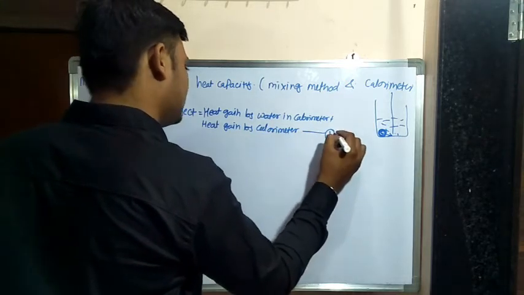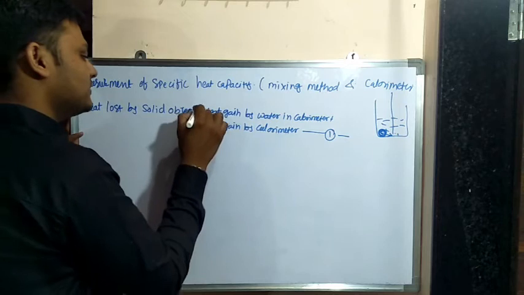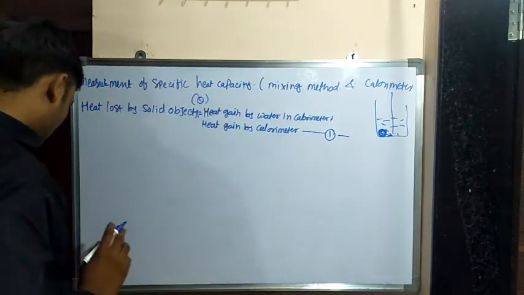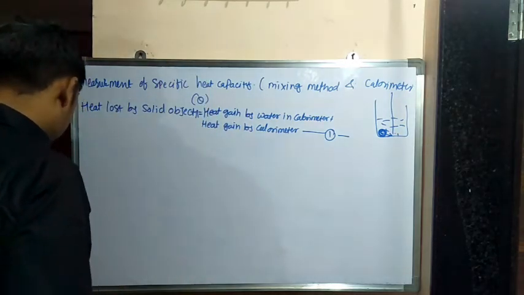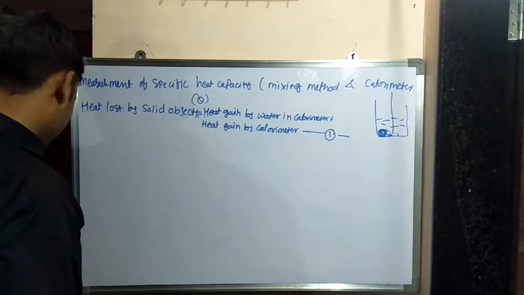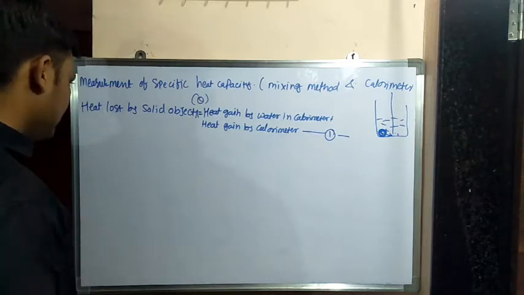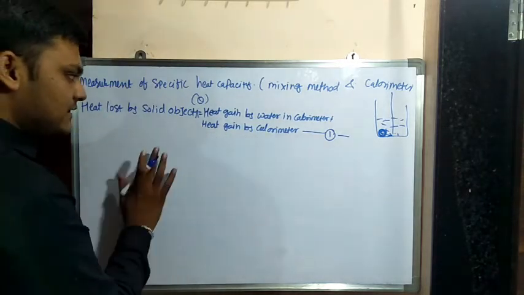That is our first one, the heat lost by the object, which is indicated by Q. So the heat lost by the solid object is always taken this way by this method.